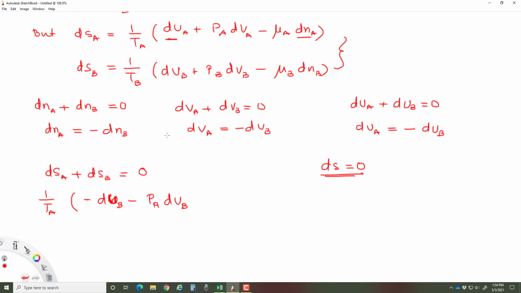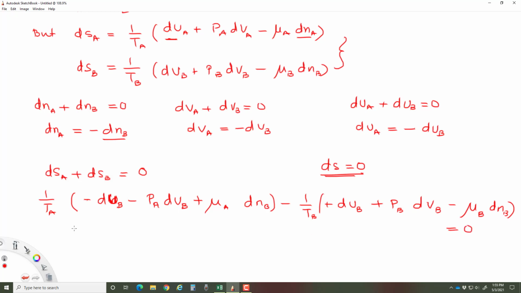So negative and negative is positive, mu A dNB, minus, and then we have this thing for dSB, so 1 over TB, negative that's positive dUB plus PB dVB minus mu B dNB, and that's equal to 0.